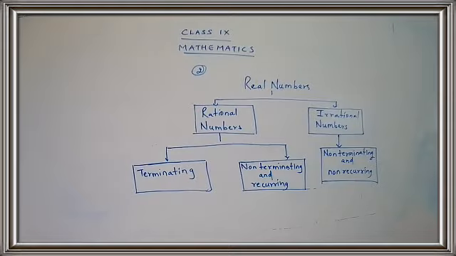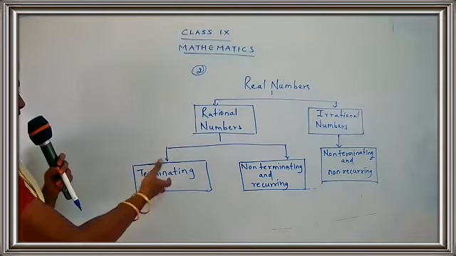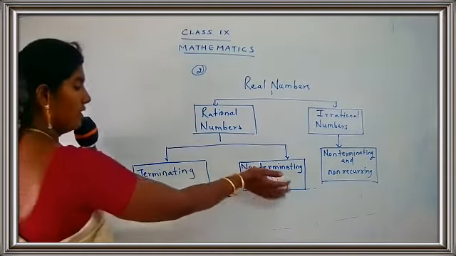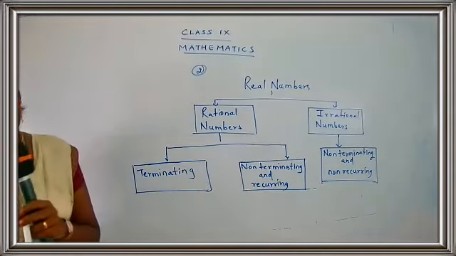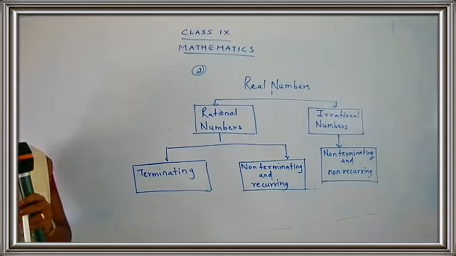Have you completed, children? Do it neatly. On the heading, it's real numbers. Then you have rational numbers and irrational numbers. And the rational number is expressed as terminating, non-terminating and recurring. And irrational numbers are expressed as non-terminating and non-recurring.